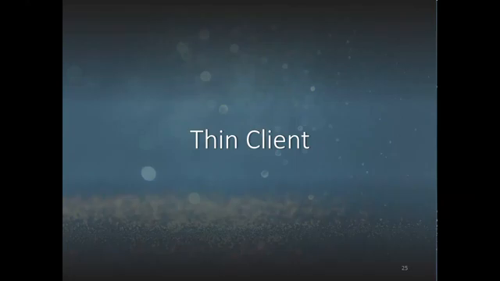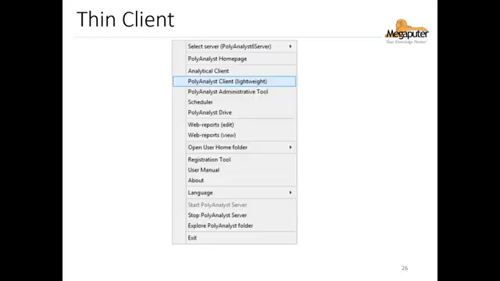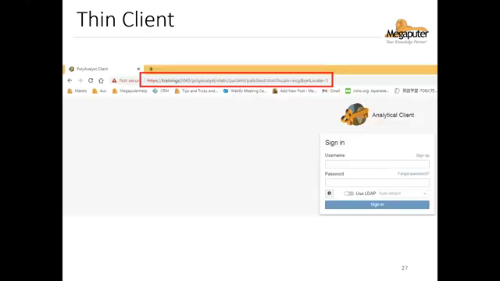Okay, and then for the thin client, similarly, we can go to the tray assistant, or once you've opened it up, you can just bookmark this address here. Then you can access it through your browser without using the tray assistant.